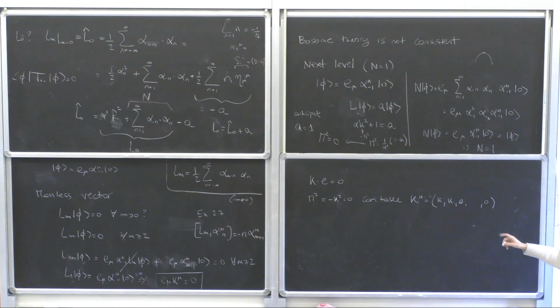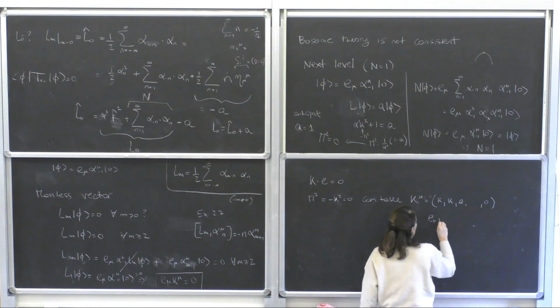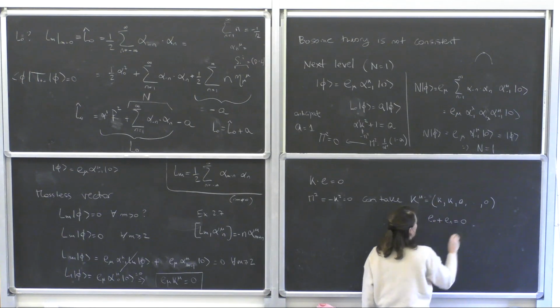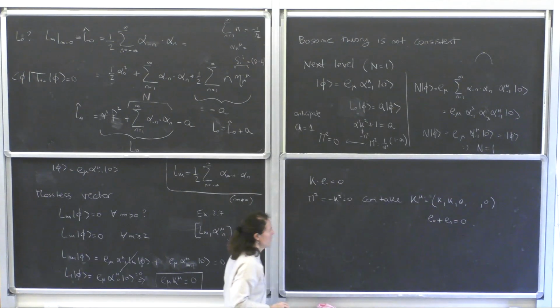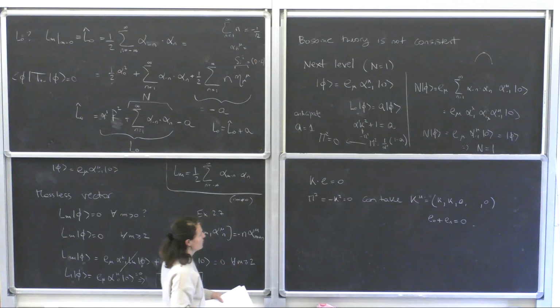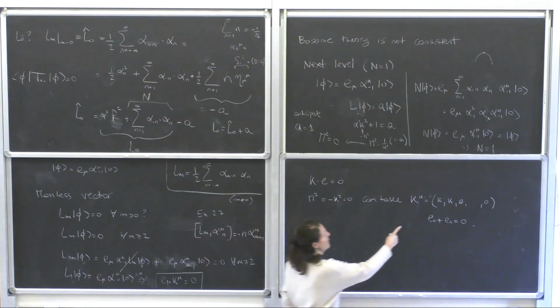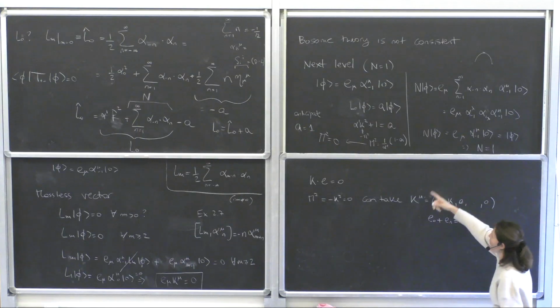And so what this is saying is that E0 plus E1 is equal to 0. Let me write the polarization: E0 is equal to minus E1. And then all the others can be anything.